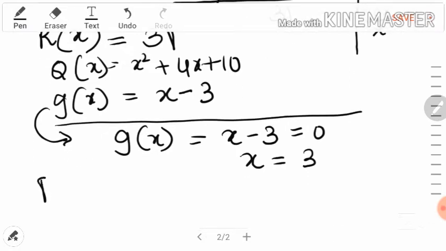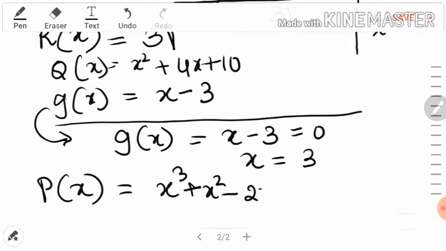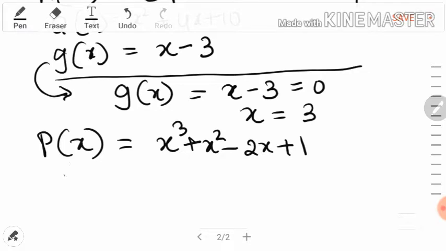Let's find the value of the polynomial, which is the dividend, x cube plus x square minus 2x plus 1. Let us find the value of this polynomial at 3.